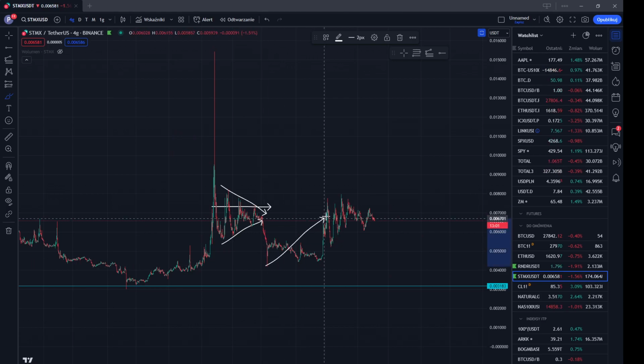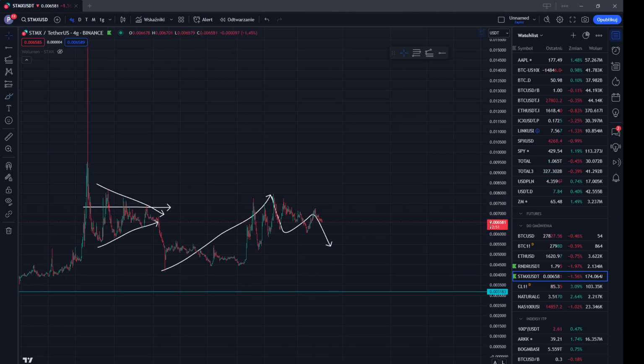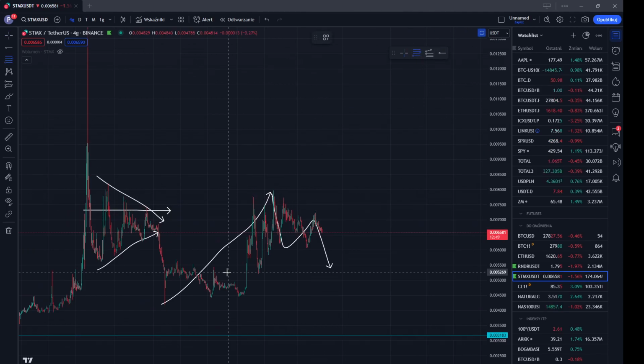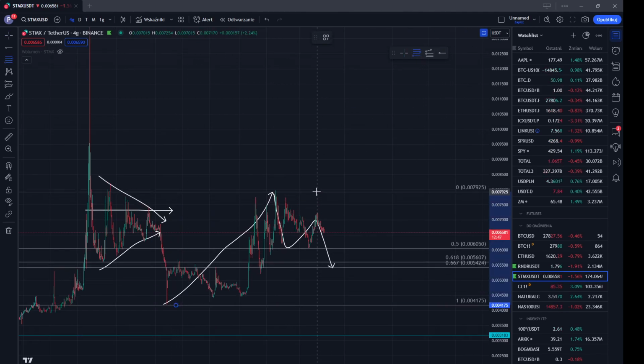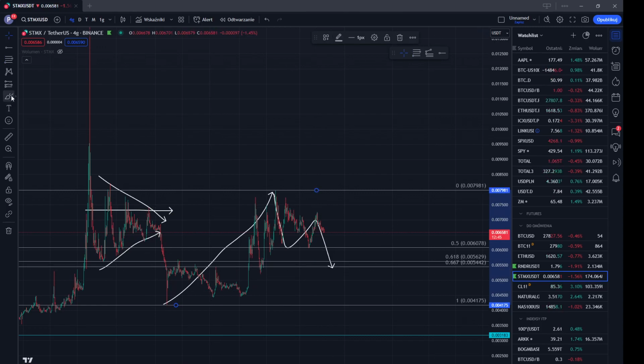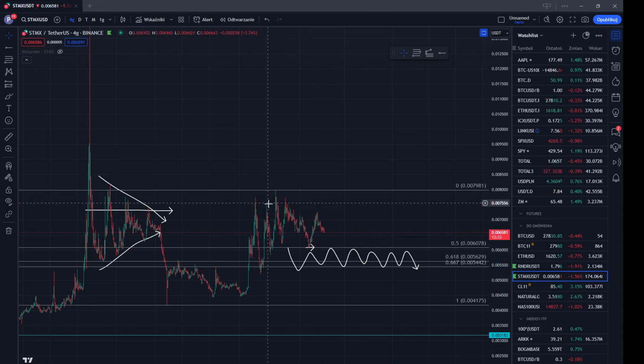So this is our impulse up. Then we are getting a correction down, 1, 2, 3. The correction should end in this area here. So it has either ended already because we tapped it, or it's going lower. I would honestly expect it's going lower. So I'll be camping with my orders somewhere here.